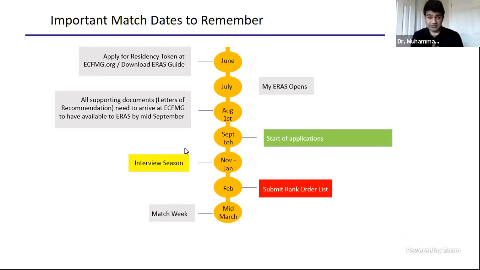Then in early to mid-September, they give you the date when your application will go to the program. Yes, you filled it out in June, July, and August, but it was sitting there. In the middle or early September, your application goes to the program. All those applications go to the programs on the same day. So when you apply, it's important to apply early, and I will show you why.